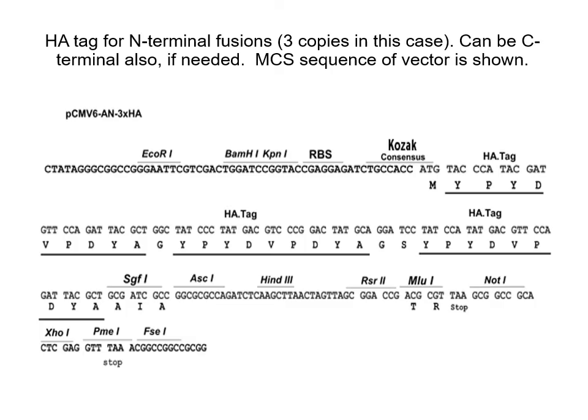Okay, so in this particular vector, the restriction sites which follow the HA tag are used for cloning your gene of interest, again, in such a way that you avoid stop codons, so that when translation starts at the AUG, it does the HA tag, and then it moves along into your protein and makes a fusion protein, starting with the HA and going all the way to your protein of interest stop codon. And in case you're not sure, there's an extra stop codon here in case yours doesn't work for some reason.